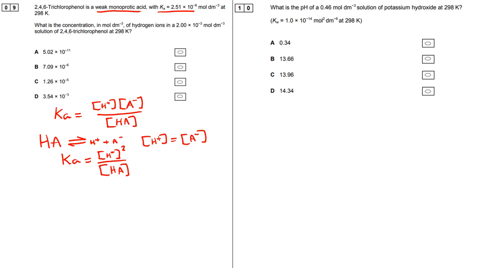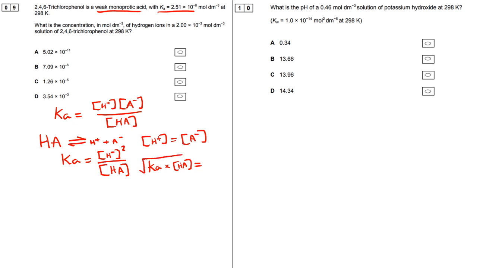It's asking us to calculate the concentration of hydrogen ions, or H plus. So we need to rearrange the Ka expression to make H plus the subject. So to make H plus the subject, I'd multiply both sides by the HA, so Ka times HA, to give me H plus squared, so times that across, and to get H plus on its own, I'm going to square root both sides there.